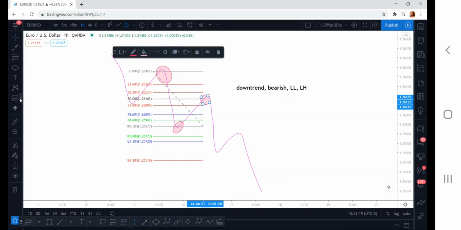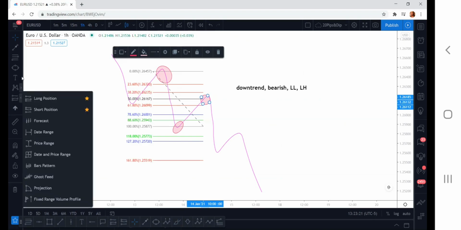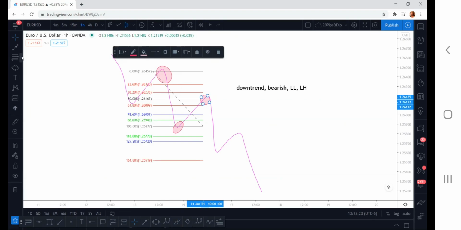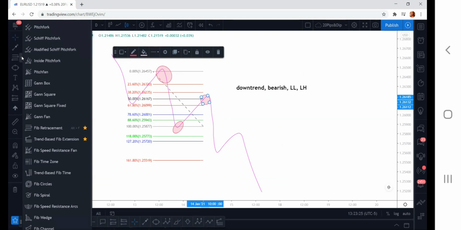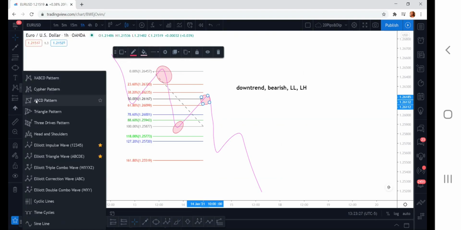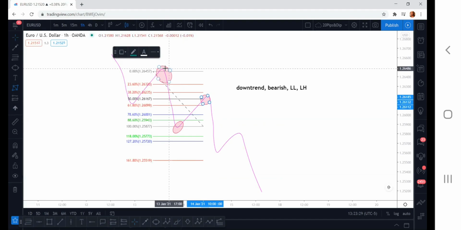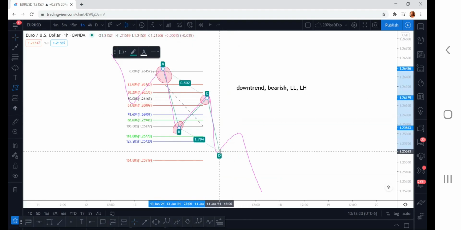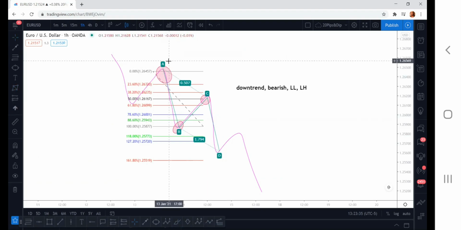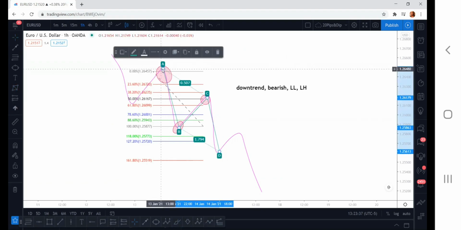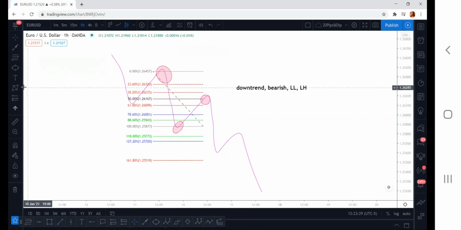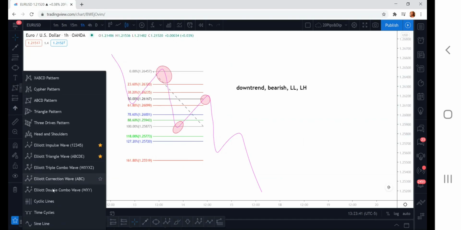You'll also see there's another tool in here that traders like to use sometimes. It is, where is it? The ABCD, A, B, C, D. Once you become familiar with harmonic patterns, this is what these are drawing out.